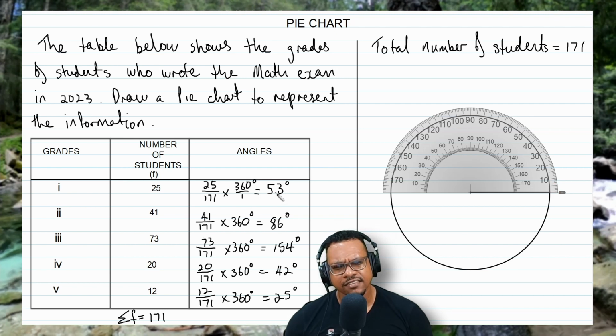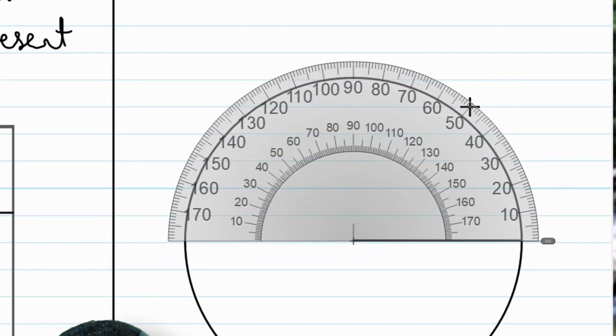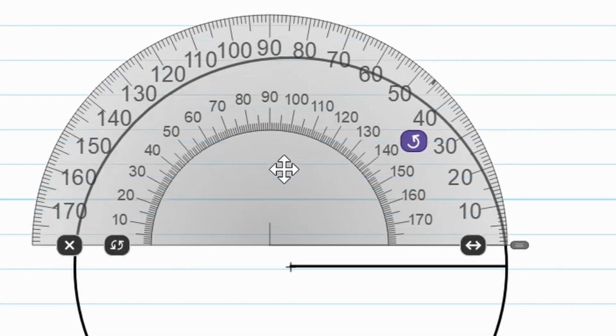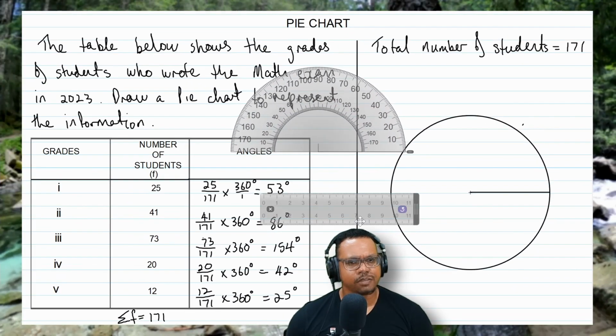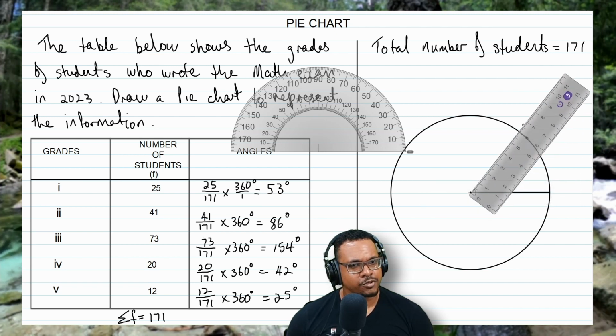Now our first angle is 53 degrees. So we have to go all the way around to 50. And each of the small strokes there will represent 1 degree. So we have 51, 52, 53. So we put a dot by 53. And what we do is remove the protractor. We get our ruler. And we line up the ruler with the center of the circle and that dot.